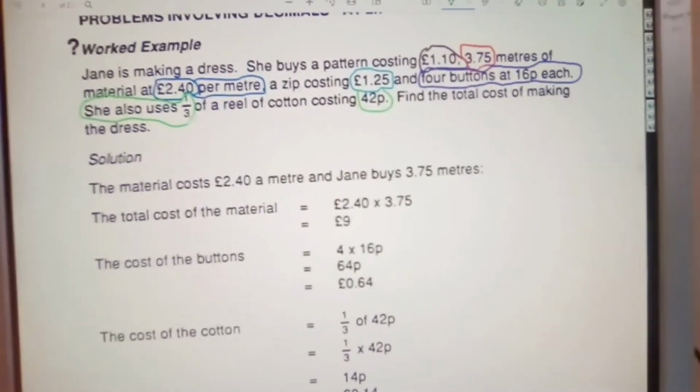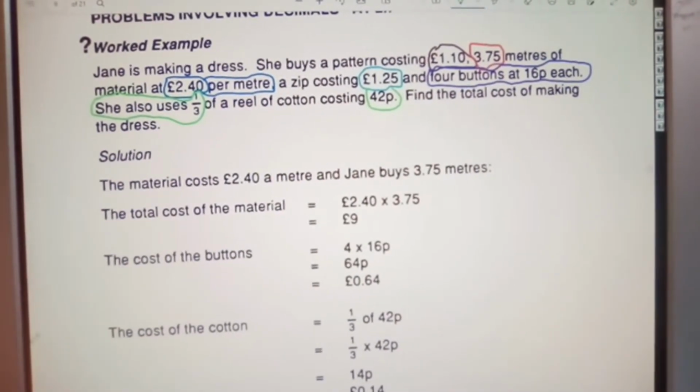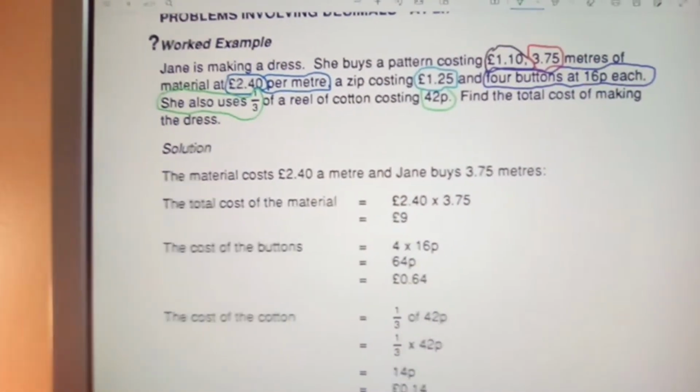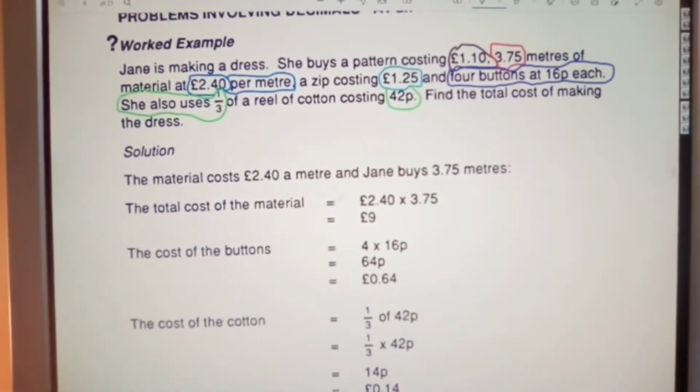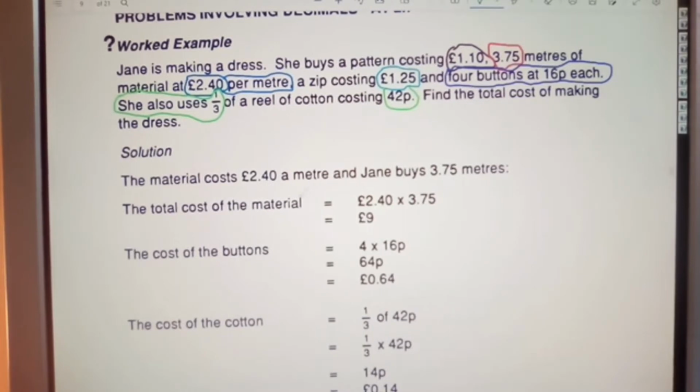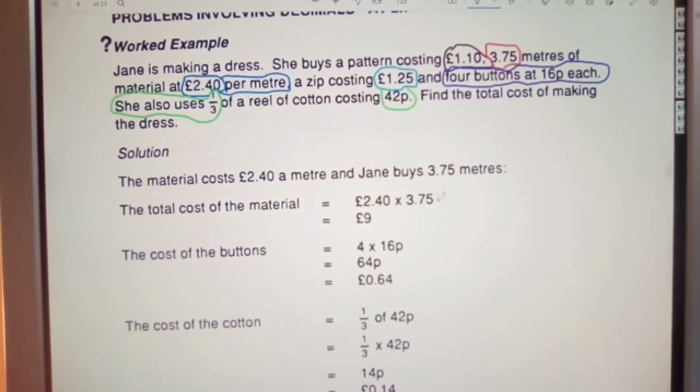The first thing we have to do here is find the total cost of the material. So we have to look at the cost of the material itself, and Jane buys 3.75 meters. So we need to multiply £2.40 times 3.75.